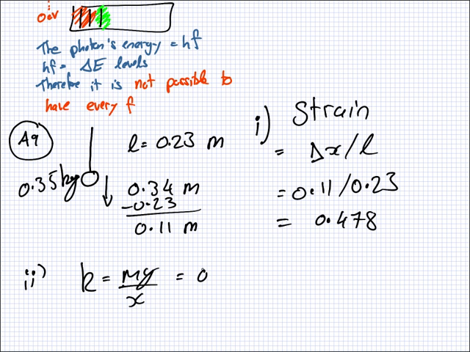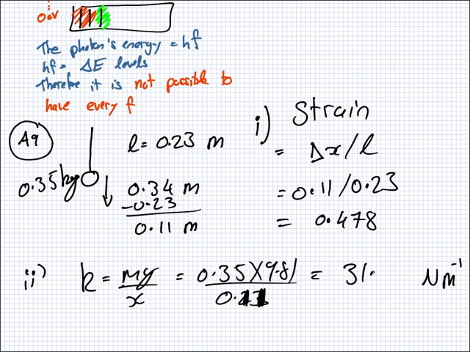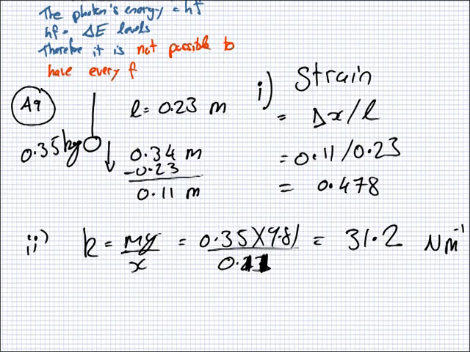So that's 0.35 times 9.81 over 0.11. Sorry. 31.2. Okay, next.